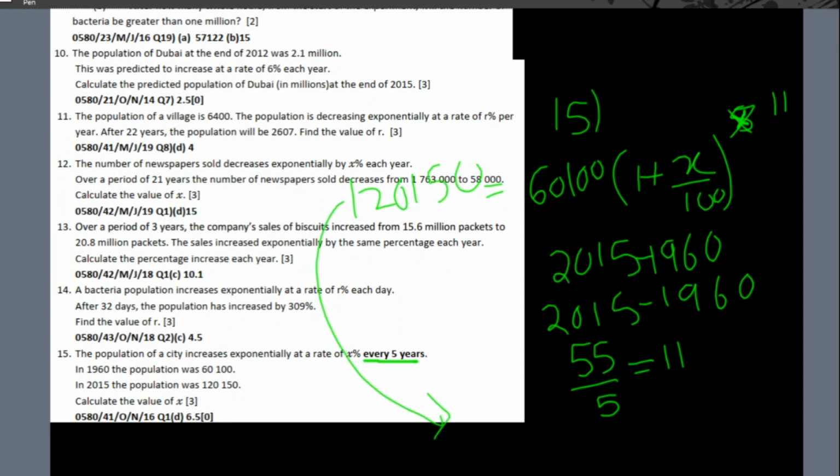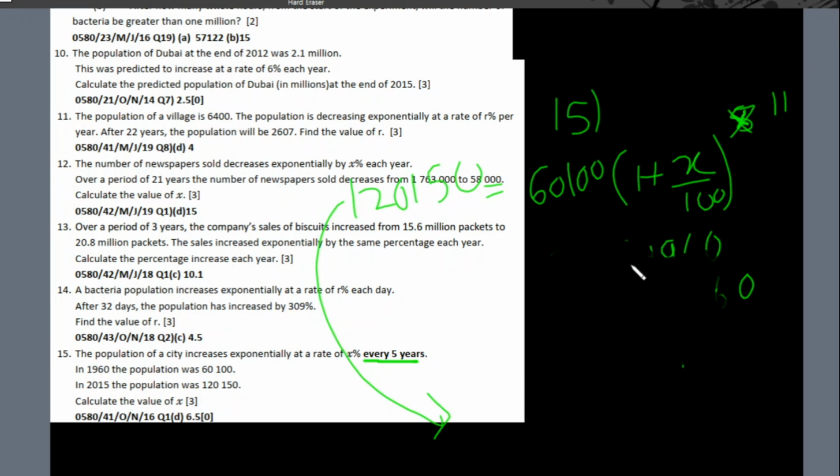So we first divide the two values. 120150 divided by 60100, 1.9991 and other values.